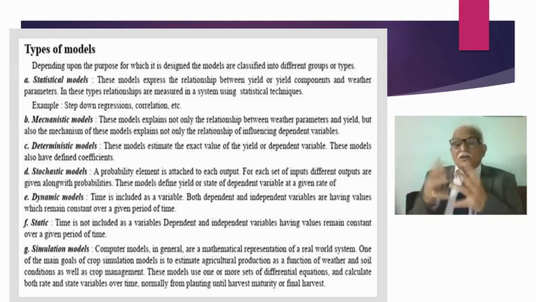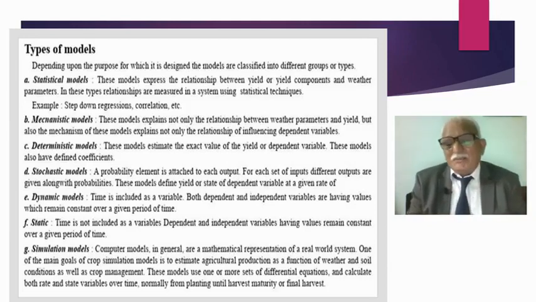Yield components, number of filled grains, number of unfilled grains, and test weight, or you can say any yield components. So you just statistically give some sort of expression: weather elements versus yield, dependent, independent. That's what it is.